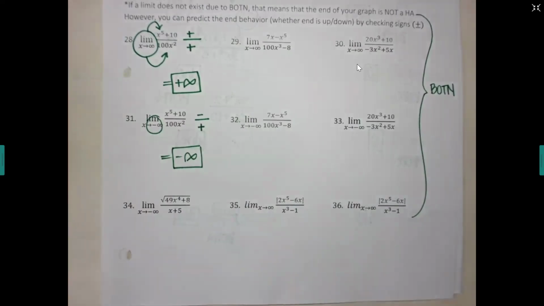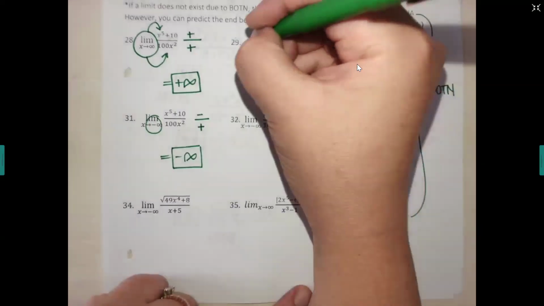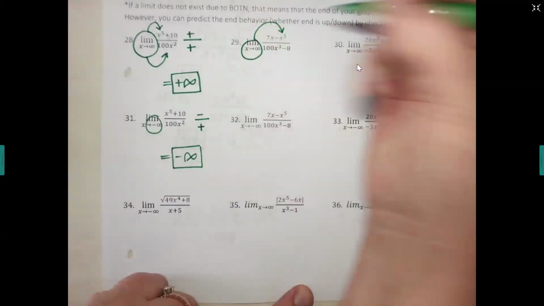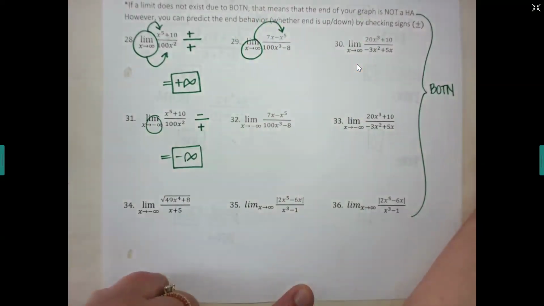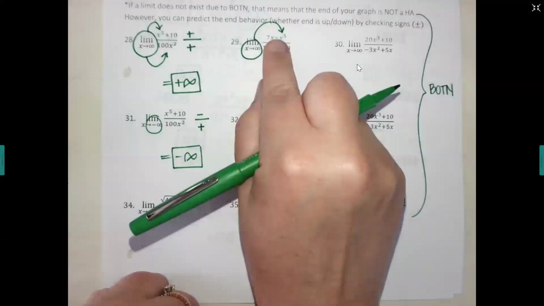Okay, look at 29. The biggest thing on top is an x5, but I'm going to subtract it from 7x. How is the top going to come out? I'm plugging it into an x5, so that's going to be positive, but then I'm going to minus it.